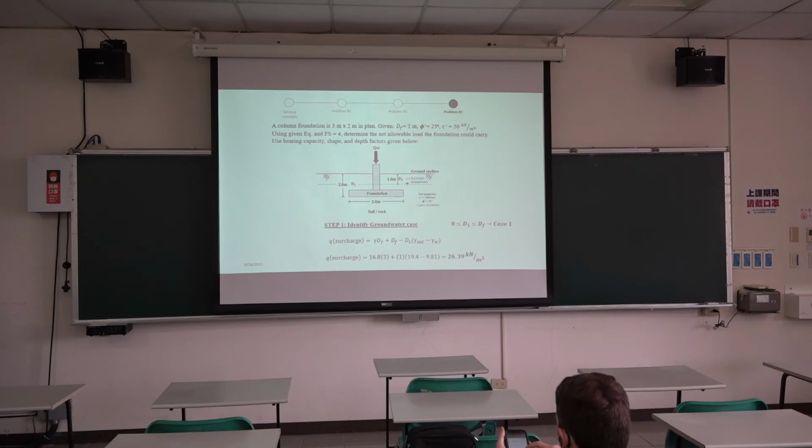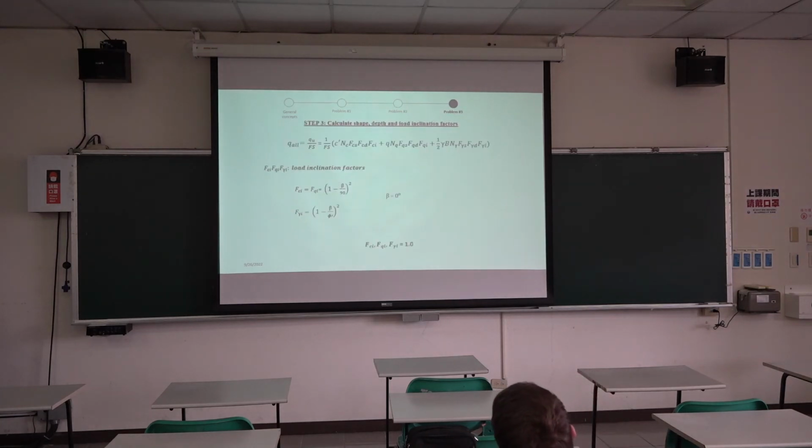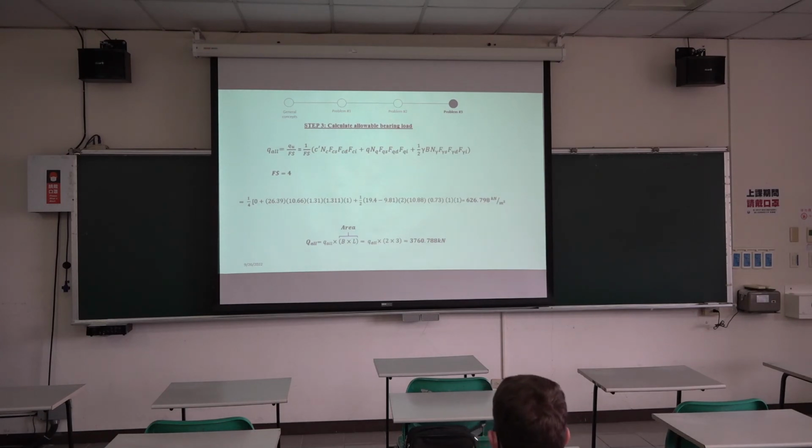So that's going to be 19.4, the saturated unit weight, minus the unit weight of the water, 9.81. Right. So if you look at this equation here, you see it's 19.4 minus 9.81. Okay, then times the other parameters, the width and so forth. You understood? Yeah. Thank you. Okay. Any other question?